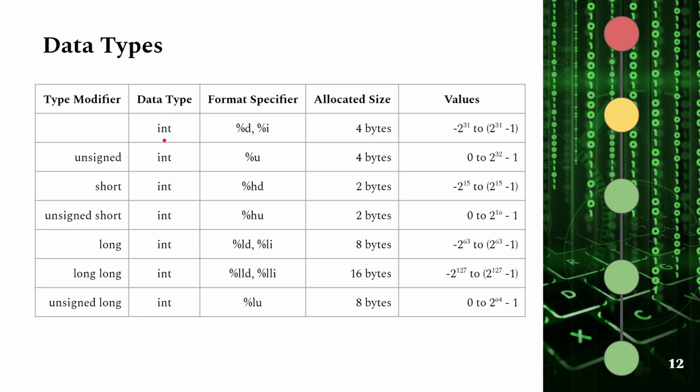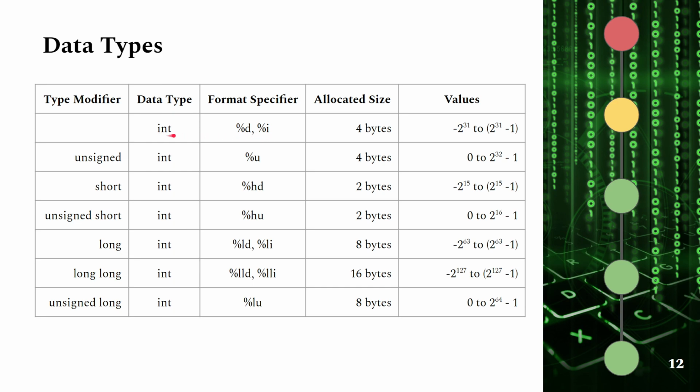So first of all, we have the data type int, which represents the integer. Its format specifier is a topic that we will be using later. It is used for expressing the data type when it comes to input and output. We will work with it later.